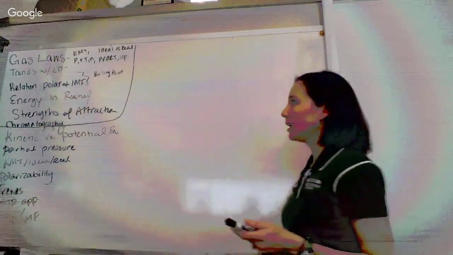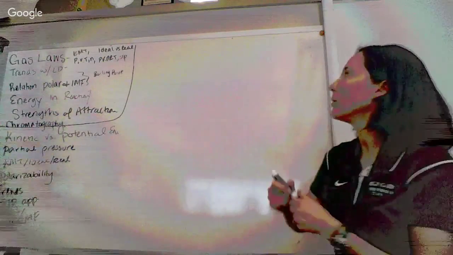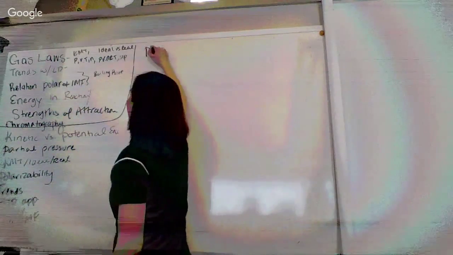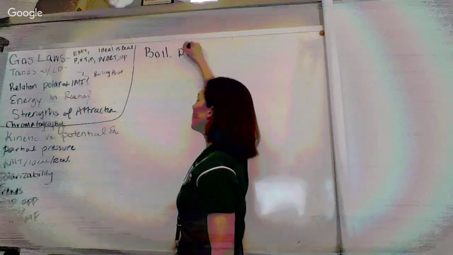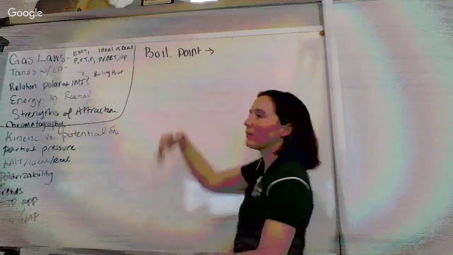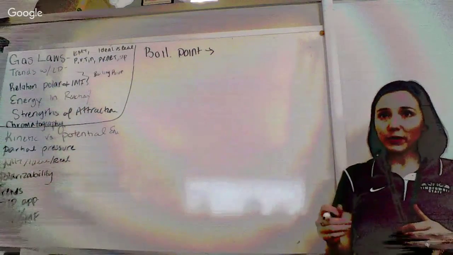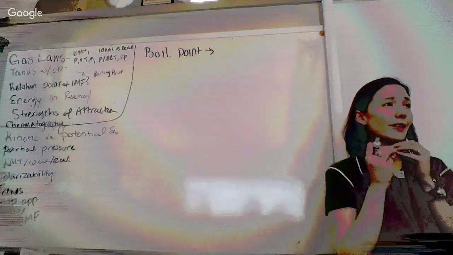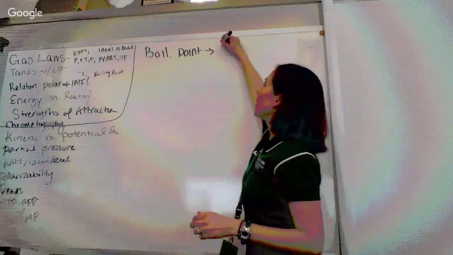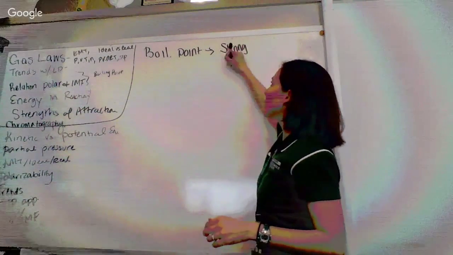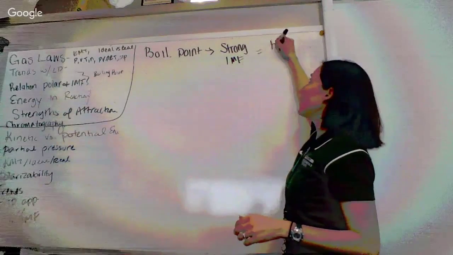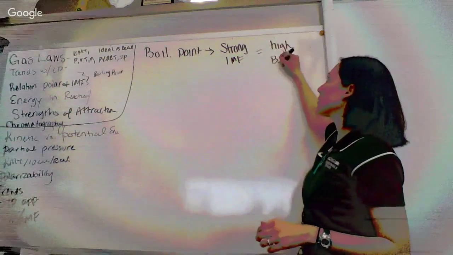So like we were saying, boiling point is an example that we talked about. It's a good one to know. Boiling point and melting point are going to be the same. We'll have the same concept. So if you have stronger intermolecular forces, those molecules are going to hold together really tight. That means you're going to have a higher boiling point.